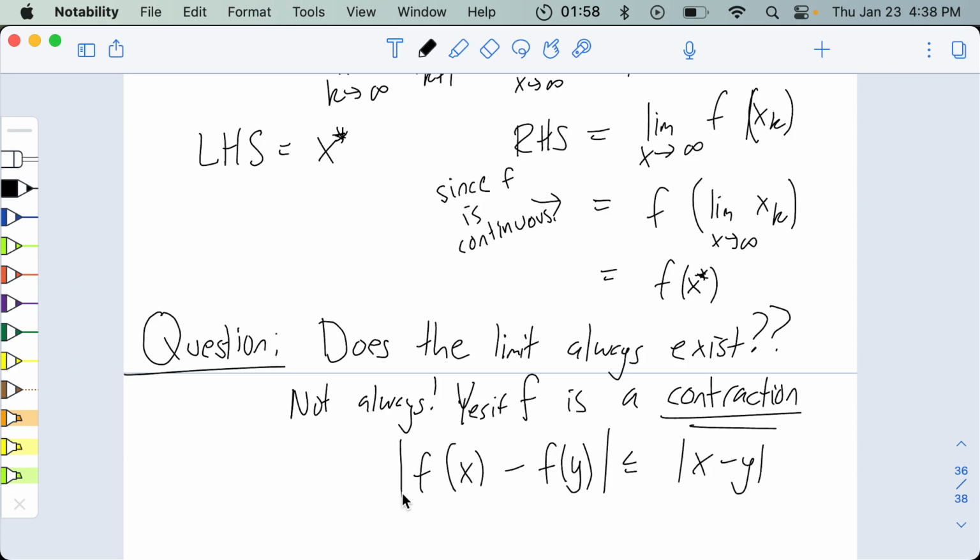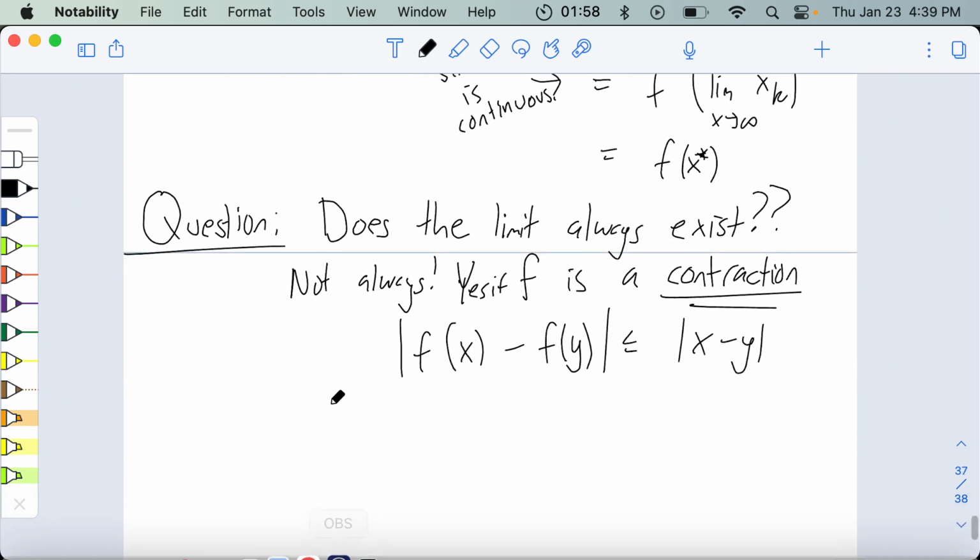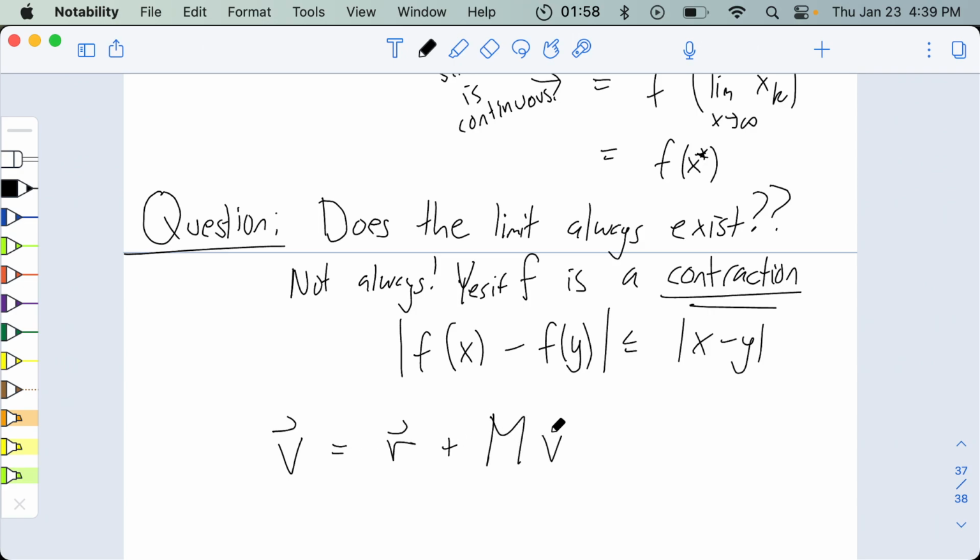This is sort of technical. If you are not into the technical side of things, you can just cross your fingers and hope that f will work. And I will tell you, in our equation, the equation we wanted was v equals r plus gamma m times v. If you put in a gamma, it is for sure a proper contraction when gamma is less than 1.